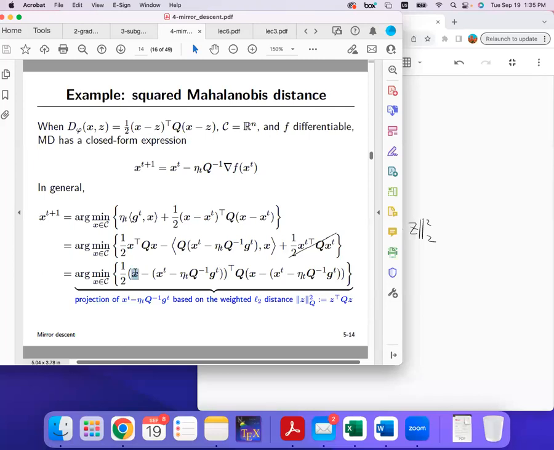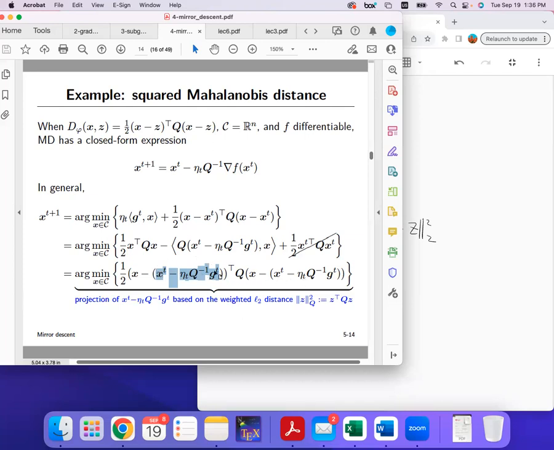Inside this parenthesis, this is like a scaled gradient descent. And then the entire quadratic term is basically projecting this point onto the set C, but following such a scaled distance.